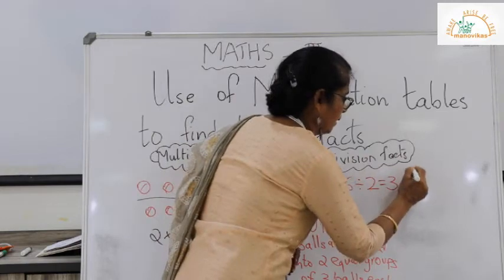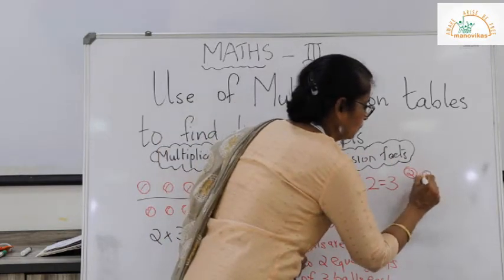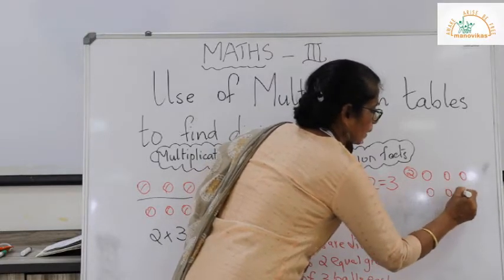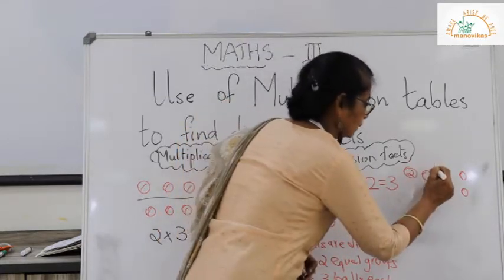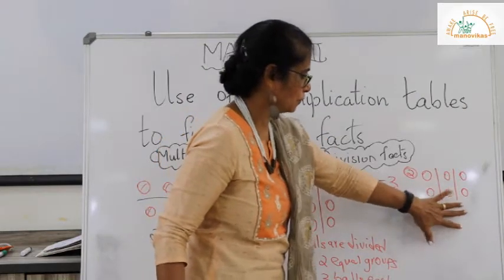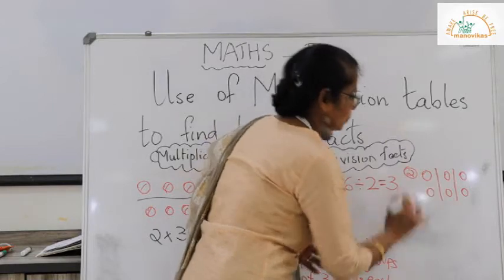In the second one, to get a second division fact, we will divide the 6 balls into 3 groups. Now we have 3 groups of the balls equally divided with 2 balls in each group.